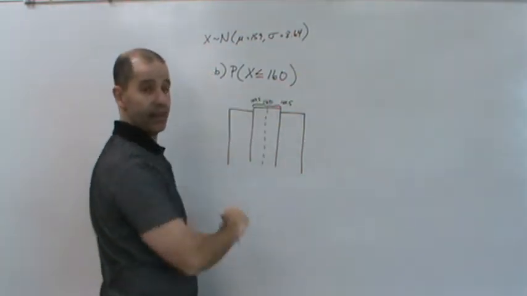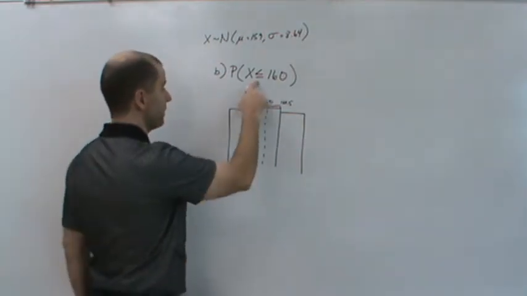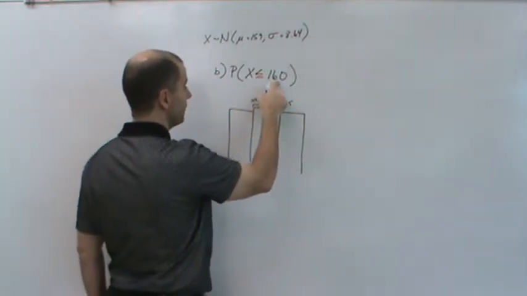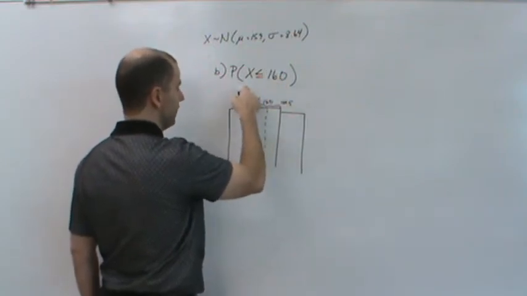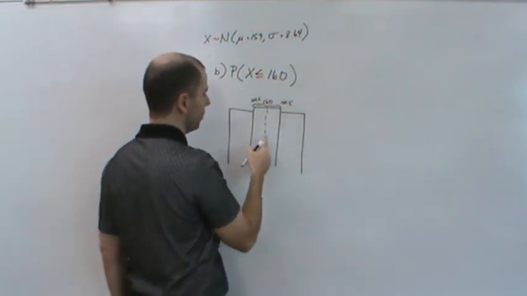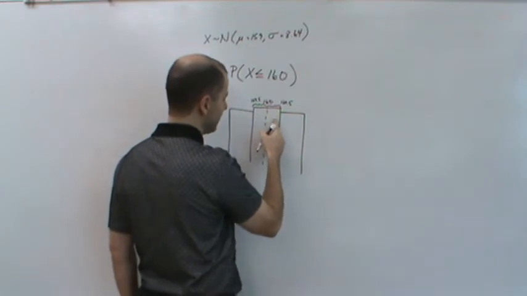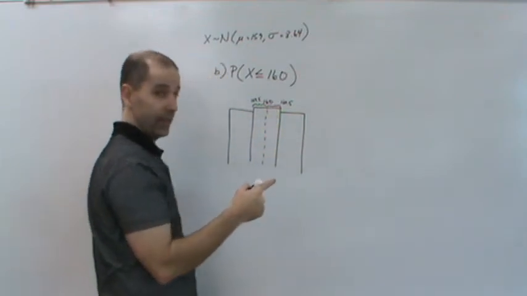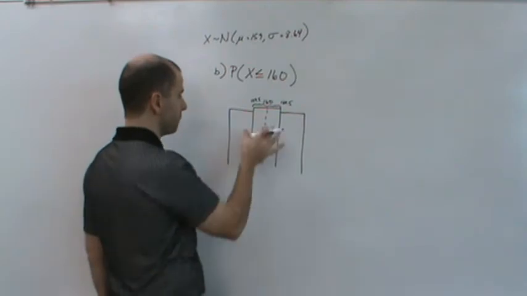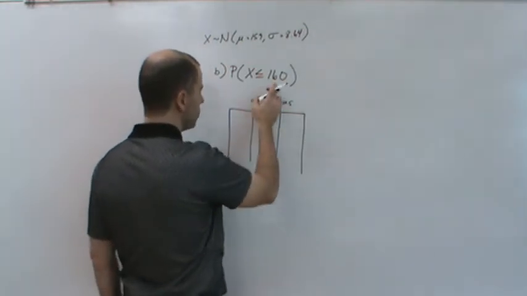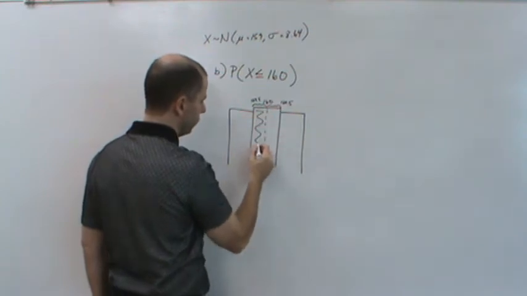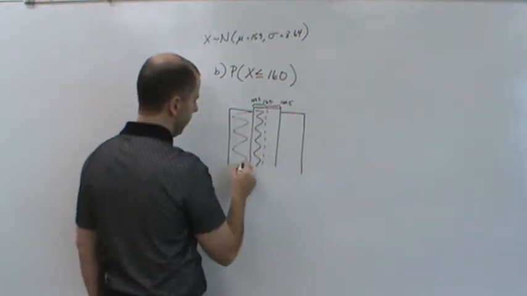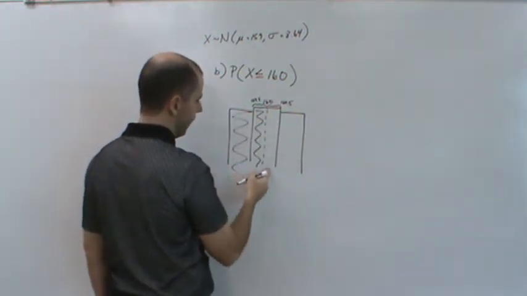Now, here's the thing. This says less than or equal to, right? We want 160 included in this. So it's going to be 160 or less. So if we do 160 or less, we want this entire piece to be included, right? Because it's part of the bar. So if we just do 160 and use the normal approximation, we're going to include all of this and all of this and everything to the left. And what are we missing?